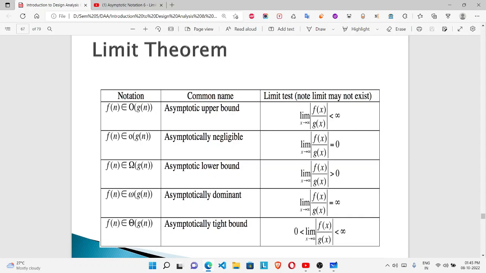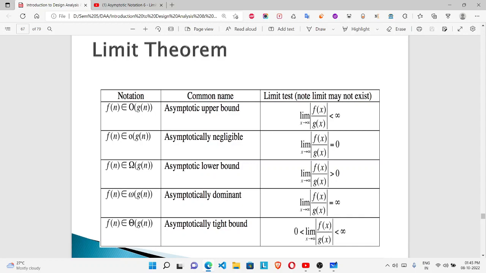But here is where you'll find issues, the big omega and small omega. Over here, if you get infinity, then you have to write small omega. If it is greater than 0, I think this situation will never occur, because if you get a constant, you just write theta. I'll tell you what to do.